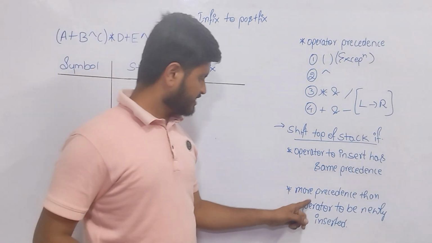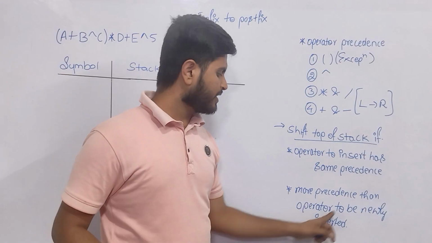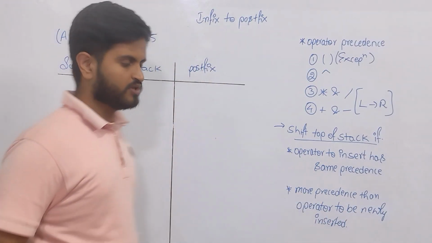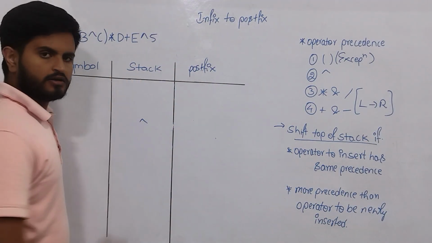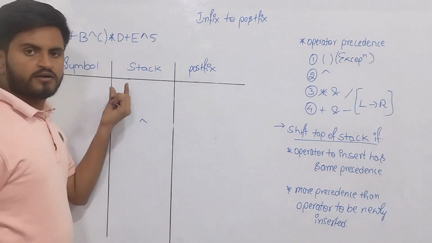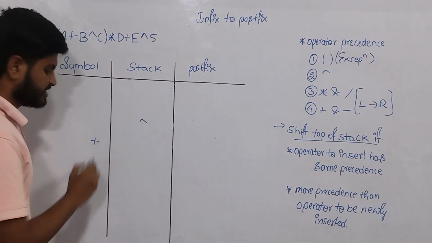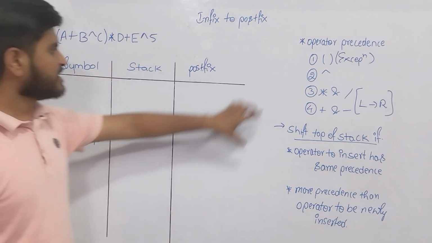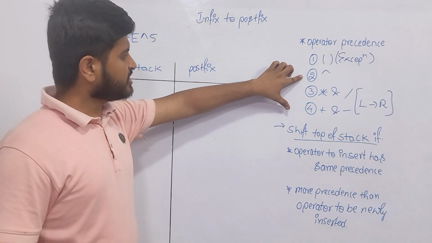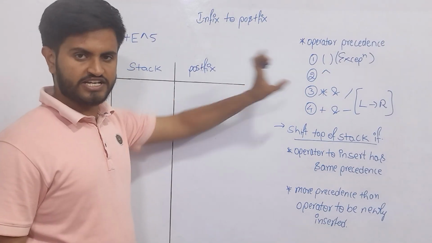Now, the second scenario is when the top of the stack has more precedence than the operator to be newly inserted. For example, I have the exponential power at the top of the stack, and now I want to insert plus. The exponential has more precedence than the addition.